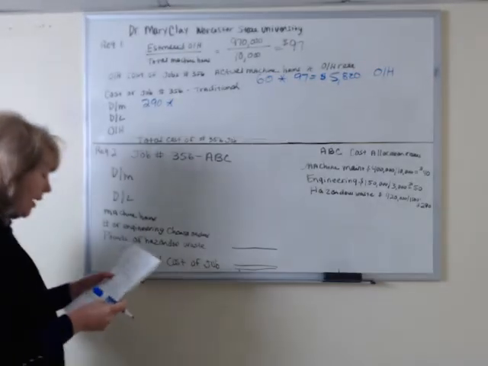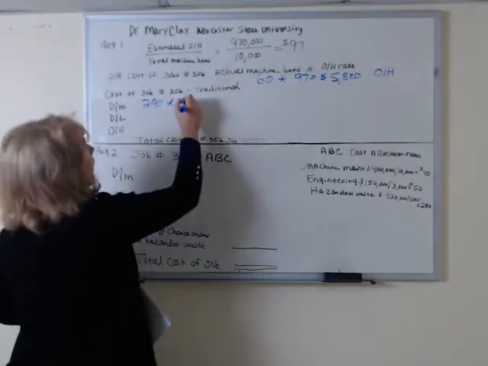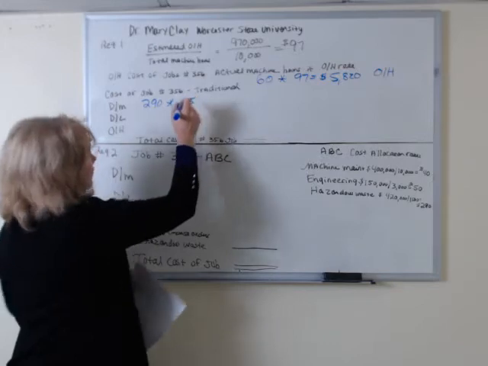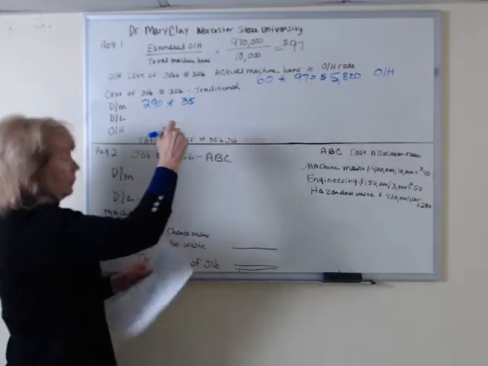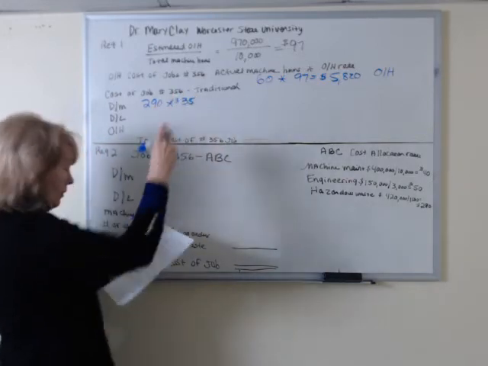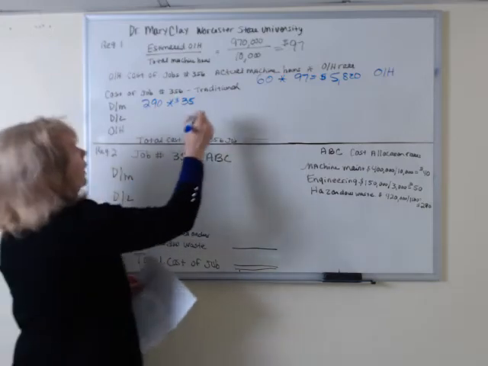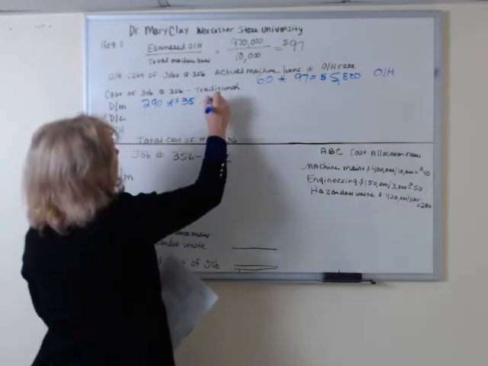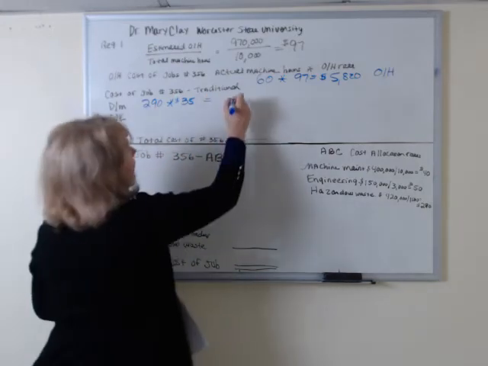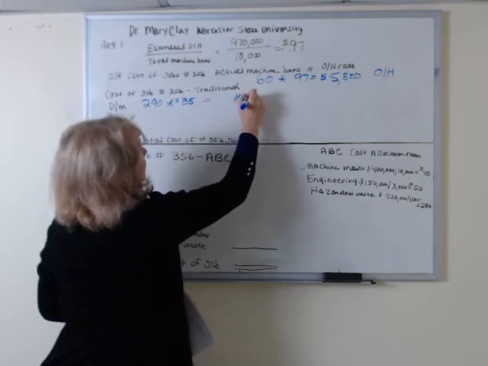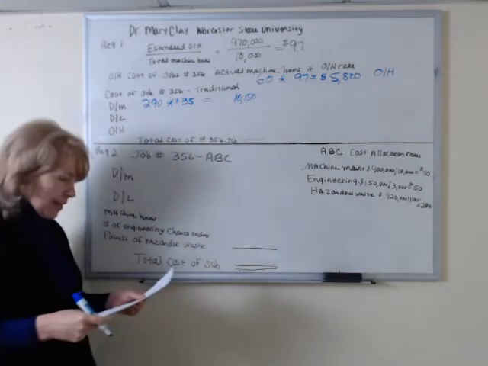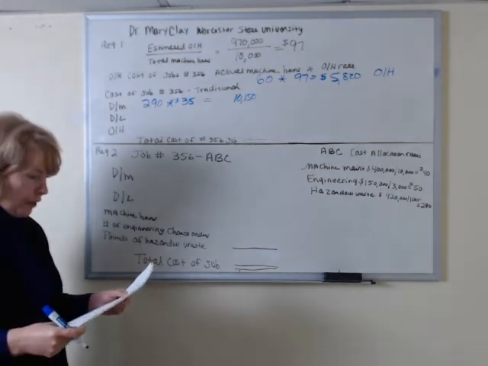So I take 290 and multiply it by $35, and that equals 10,150. So my direct materials total 10,150.